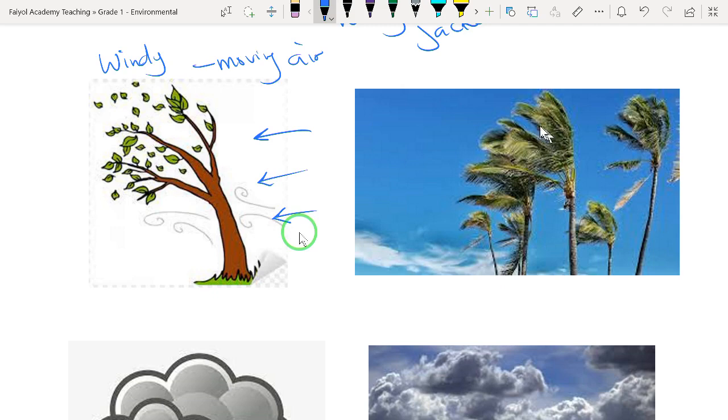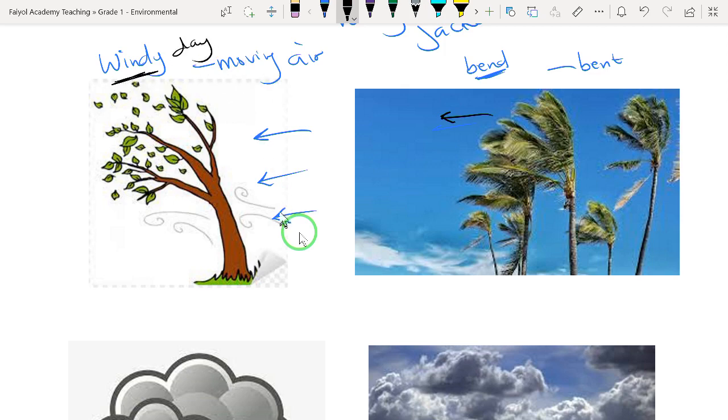And if you look at this image, what you see is that trees are bent. We use the word bend. The trees are bending towards this direction, and therefore that is what we describe as a windy weather or windy day.